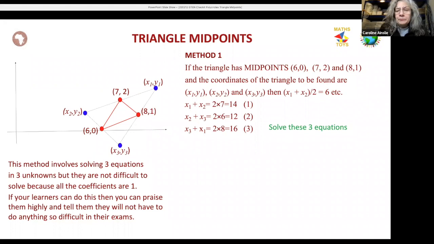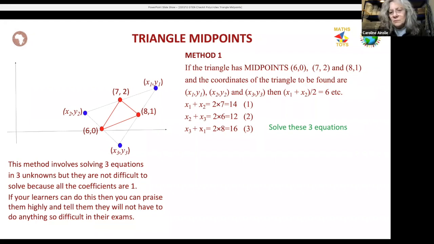I think the key thing here is, and I noticed that I should have put x1 plus x2 over 2 is 7 to be consistent with what comes up below. But the thing about it is that that is a formula, and Caroline is saying that you will be teaching it, certainly if you're teaching in South Africa, that the midpoint of an edge is given by the mean of the coordinates.